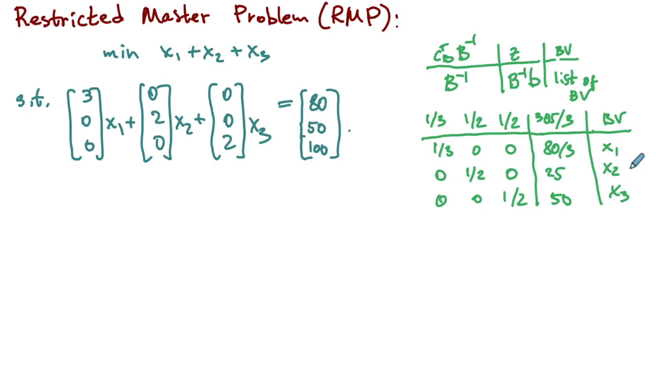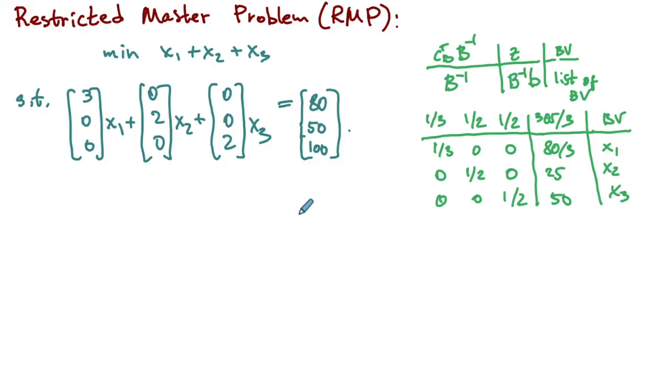Now, this optimal solution to the restricted master problem also gives us a feasible solution to our original LP with many more columns, right? But that solution may not necessarily be optimal for the original problem. If this solution is not optimal for the original problem, then there must be columns from the original problem that should enter the basis here.